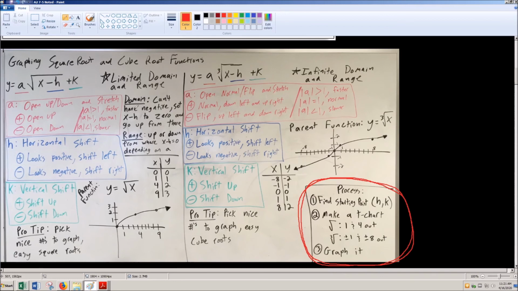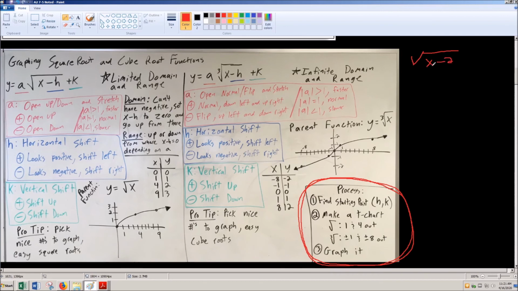So I want to set x minus h to 0 and just go up from there. Basically what I'm doing is solving for this value. x is always going to equal h. So as I look at these values, let's say we got the square root of, I don't know, let's do x minus 2.